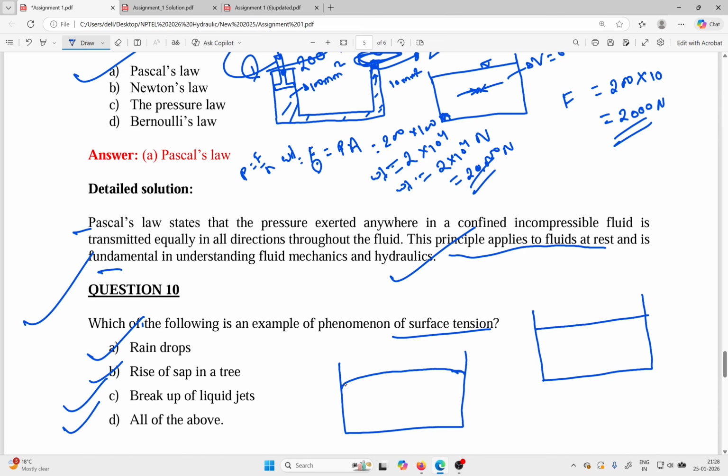This means the molecules within this water try to attract. So on the surface, one tension is created, and this tension is known as your surface tension.